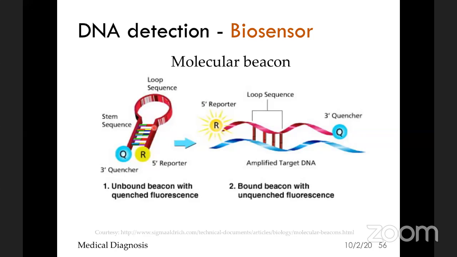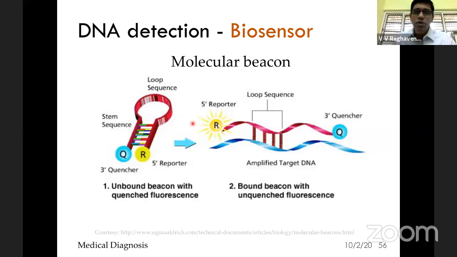They are pushed apart, so the reporter is now far away from the quencher, and you start seeing fluorescence the moment you shine light. Whereas in the closed form, if you shine light, you still don't see anything, because the reporter molecule is in close proximity to the quencher.